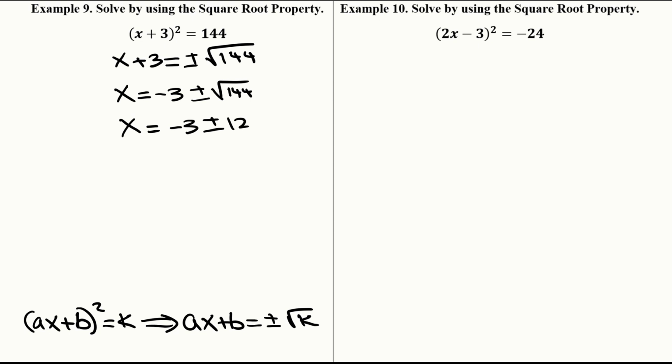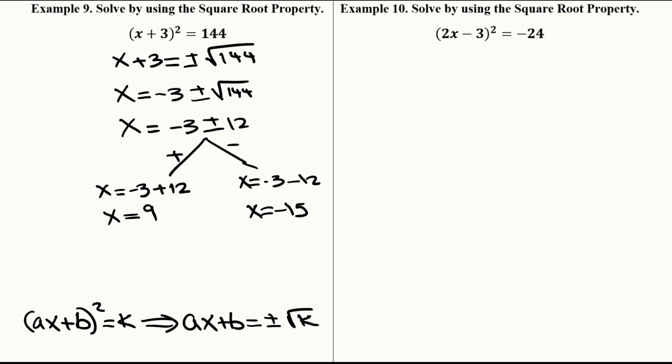Notice that when it turns out to be two nice integers like this, you shouldn't leave the answer like this. You should go ahead and work it out. So here we're going to consider what the plus case gives us and what the minus case gives us. So the plus case gives us x equals negative 3 plus 12. The minus case gives us x equals negative 3 minus 12. So on the left here we get x equals 9, and on the right we get x equals negative 15.